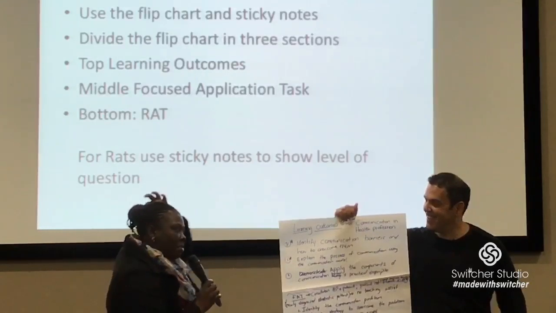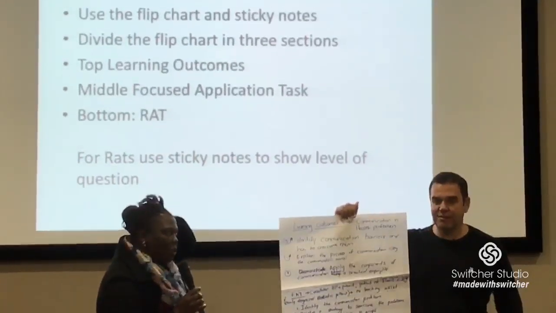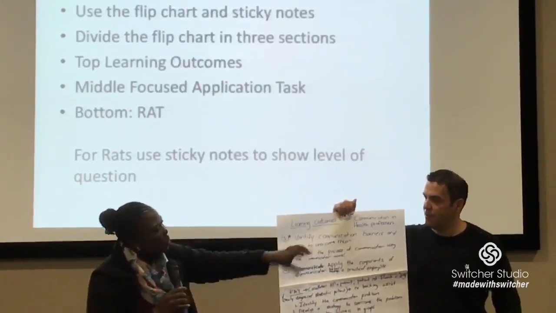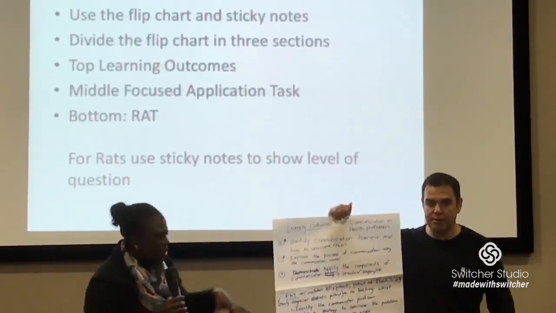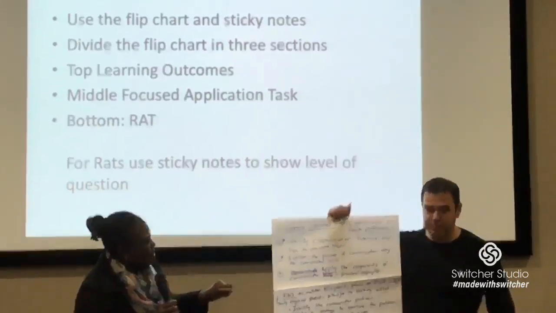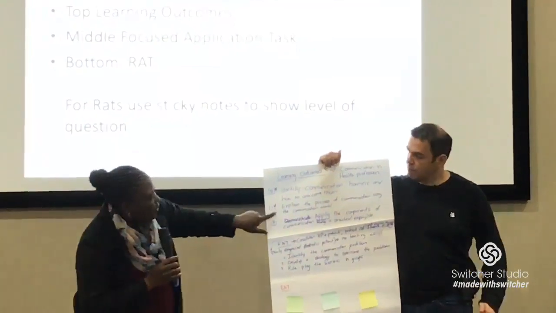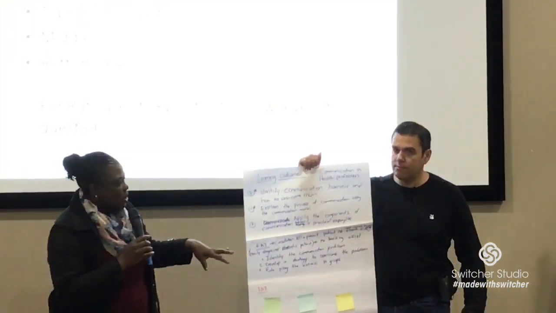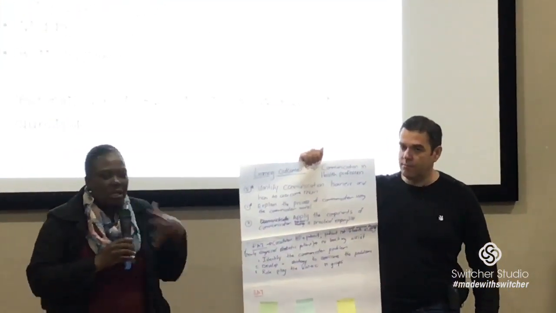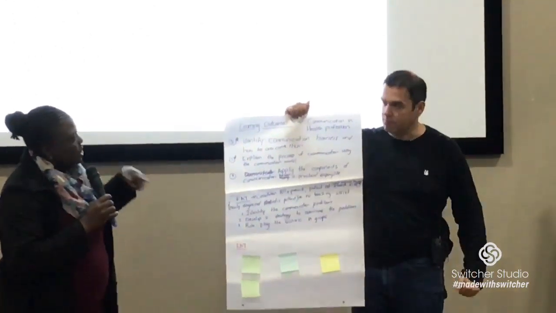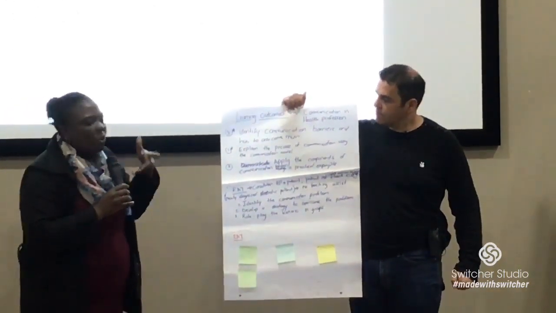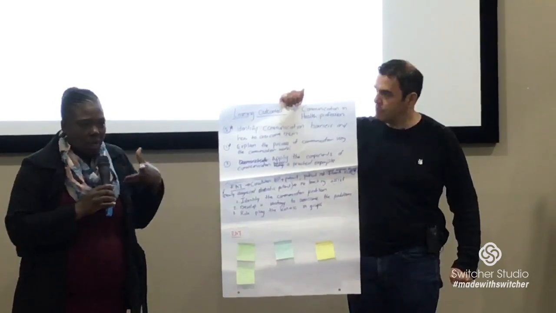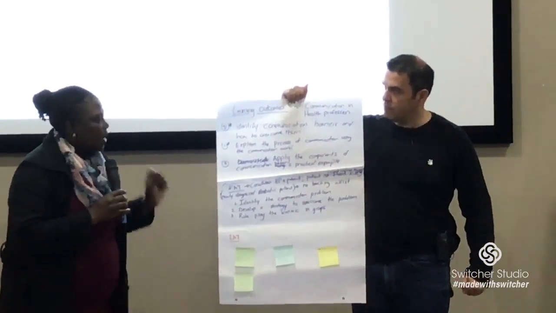All right, we selected learning outcomes from the module that has communication as one of the study units. The first learning outcome is to explain the process of communication using the communication model. Then the students have to identify the communication barriers and how to overcome them.